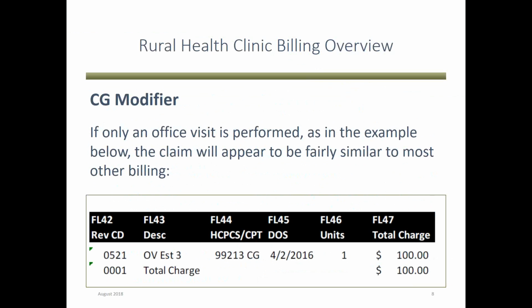The Medicare claim form, or the UB04 form, would indicate a revenue code of 521, identifying the clinic place of service, the established patient office visit code, a level 3 visit of 99213, and the CG modifier that indicates to Medicare that this is the line item on the claim form that represents the billable encounter and the primary service that was rendered during the course of that encounter.